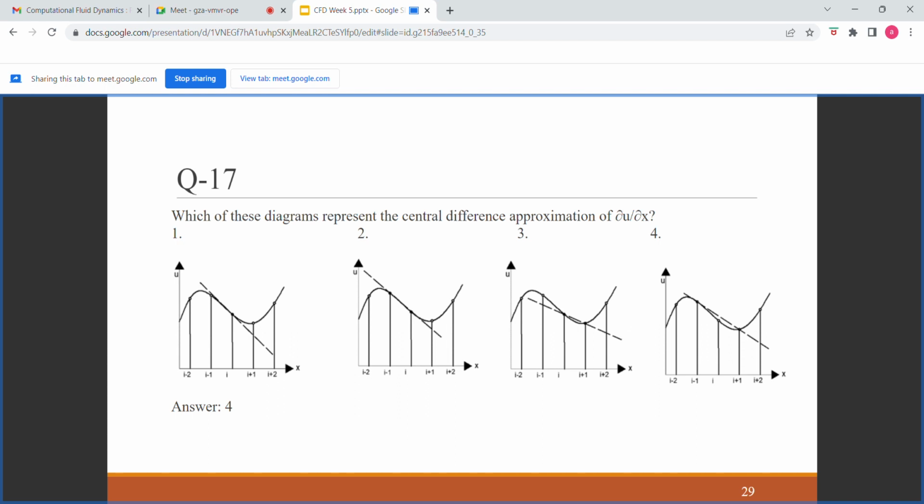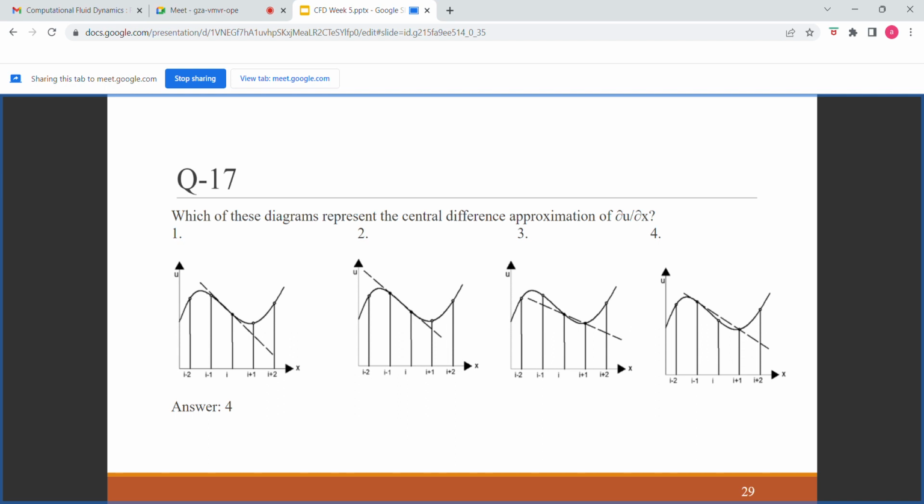Okay, so in the forward difference scheme, we would be using the current point and the next point. For this one, I am saying for dou u by dou x, that is the first order derivative. So dou u by dou x would be ui plus 1 minus ui divided by delta x.